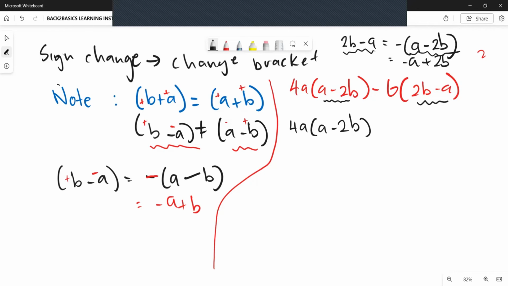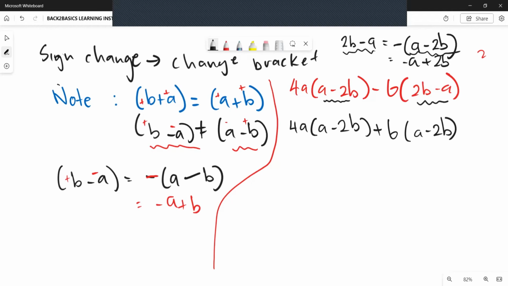2B. Close bracket. Now, remember, because you've taken out this as your negative, this negative is going to affect this now. So this is going to be positive 6 into A subtract 2B. Are we getting it? Hopefully, yes.